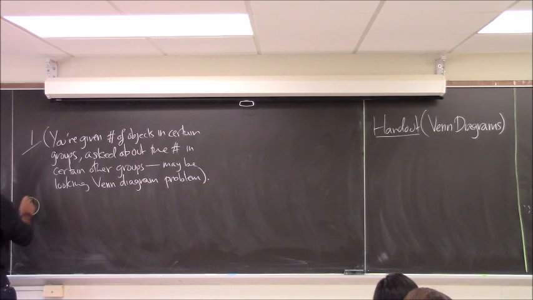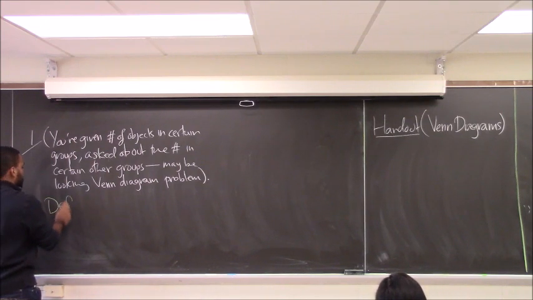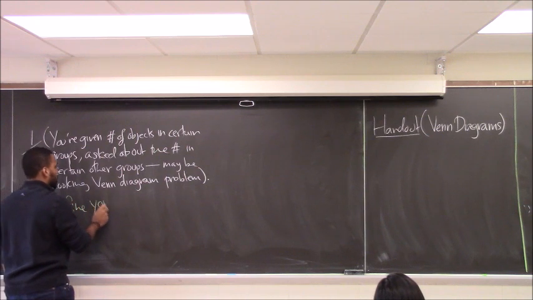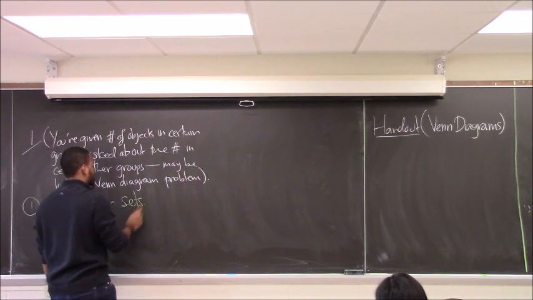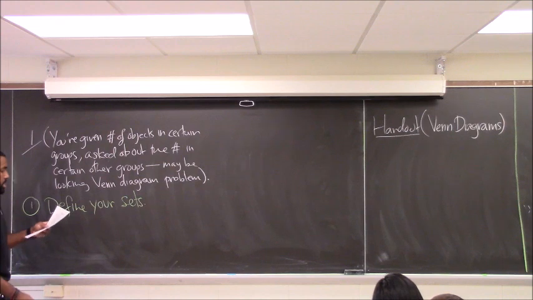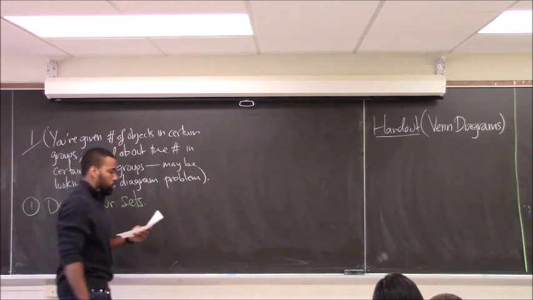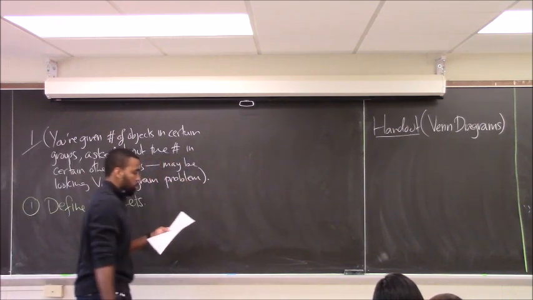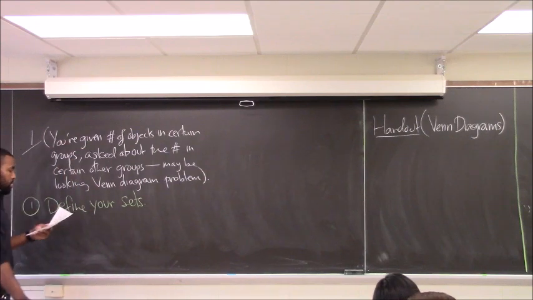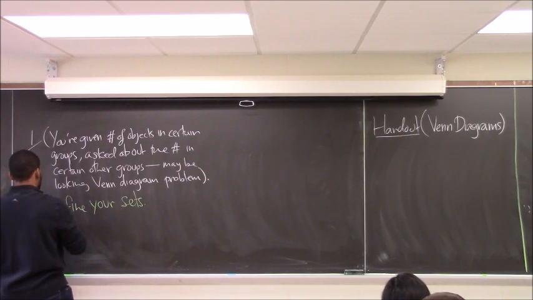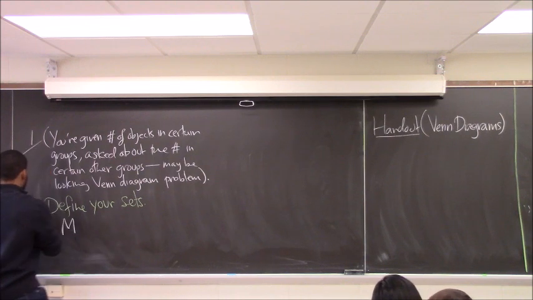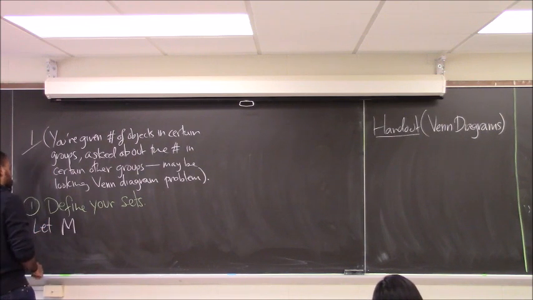Now, once you know you're doing a Venn diagram problem, the first thing you want to do, so step 1, is you're going to define your sets. Notice that there are 2 classes of people really mentioned here: the people who remember all the math they've ever done in their lives and the Math 1108 students. And so I would actually make those 2 sets. You can call them whatever you want in general unless the problem itself forces you to call it something.